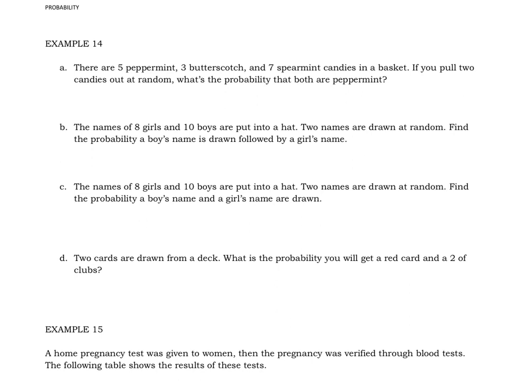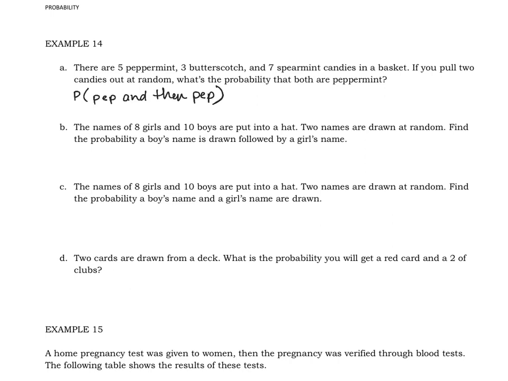If you pull 2 candies out at random, what's the probability that both are peppermint? So we're looking at the probability of peppermint, and then another peppermint. So peppermint candies are all the same. It's not like peppermint candy number 1, peppermint candy number 2.